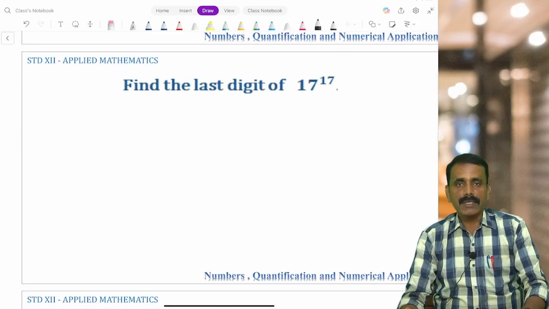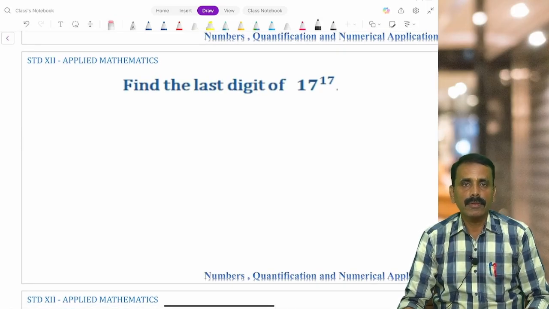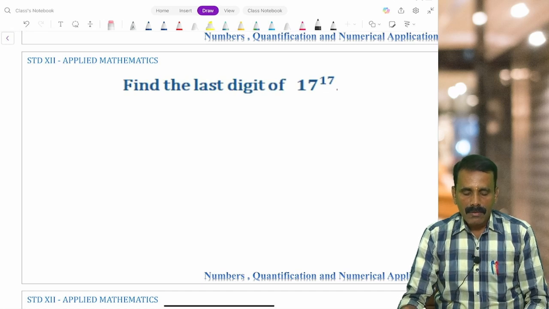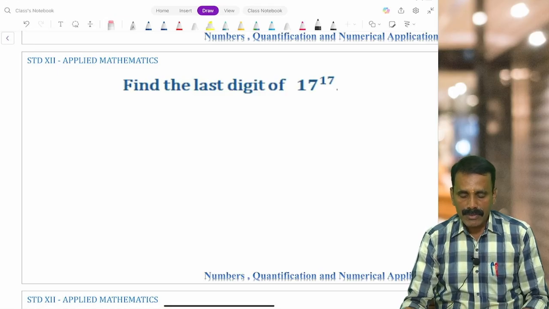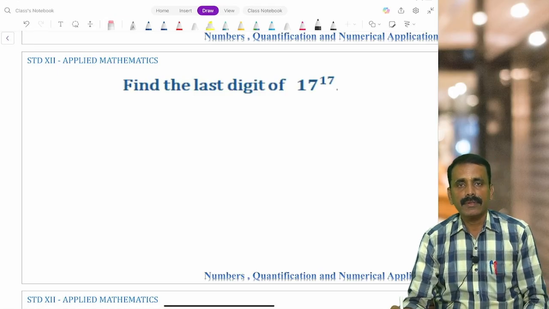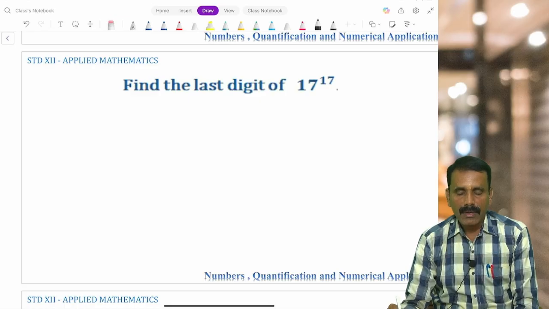Now we are going to see the next problem. The next problem is to find the last digit of 17 power 17. So we are supposed to find what is 17 power 17, and in that, what will be the last digit?